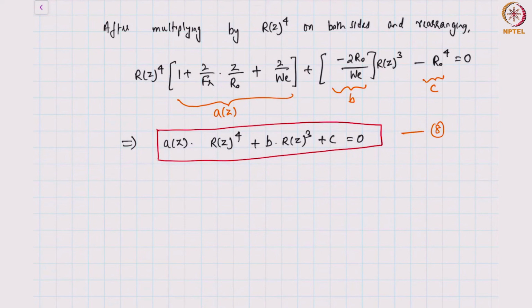But let's go one step further, and rather than trying to get the exact solutions at every z, we will look for a simplified analysis.